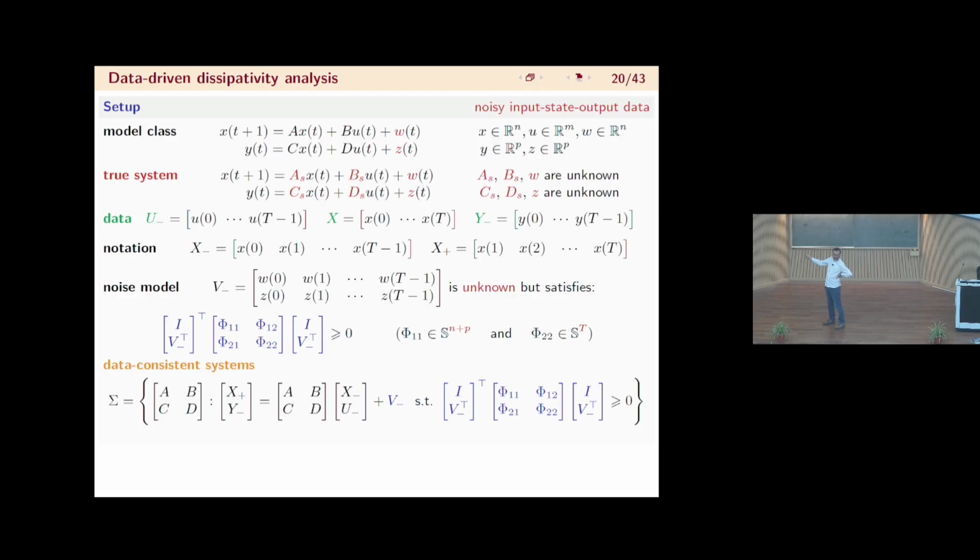Then the set of data consistent systems is going to be all A, B, C, D satisfying this linear equation for some V minus satisfying the blue quadratic matrix inequality. So it's not that much complicated, but it is a little bit different because this time we also have C and D unknown.